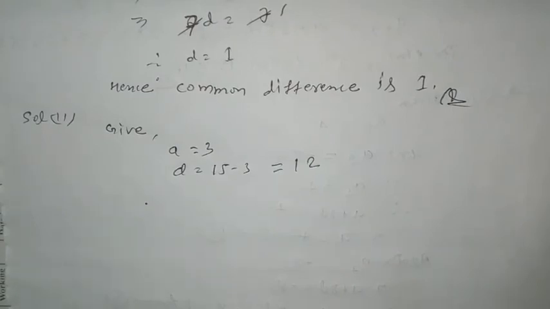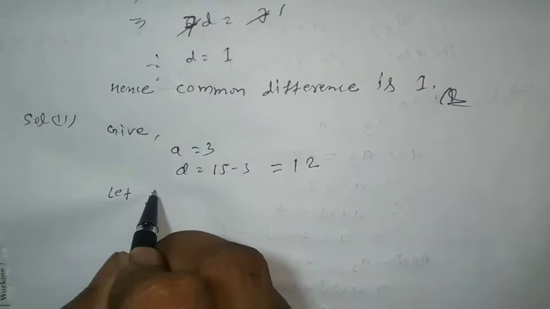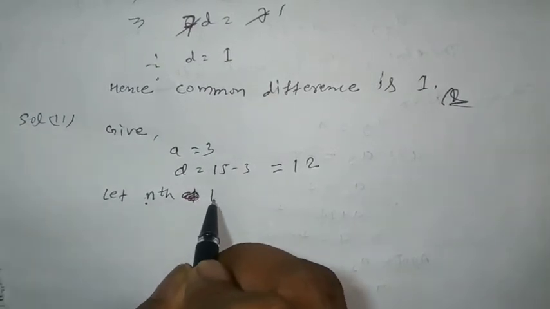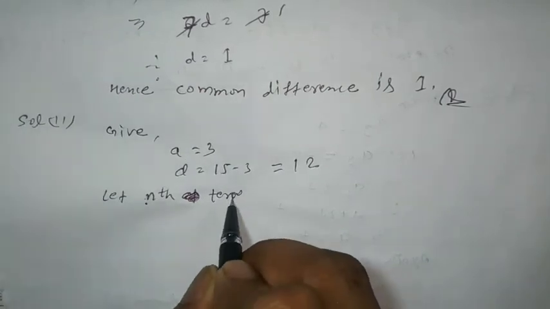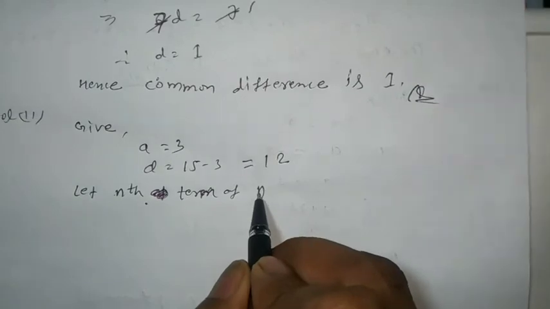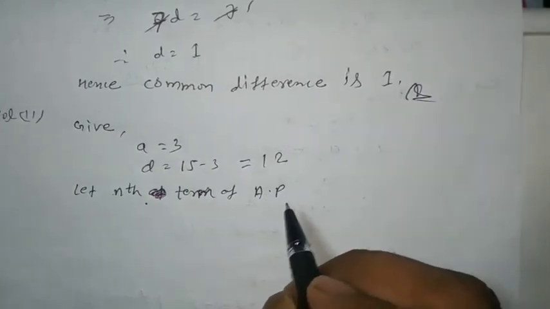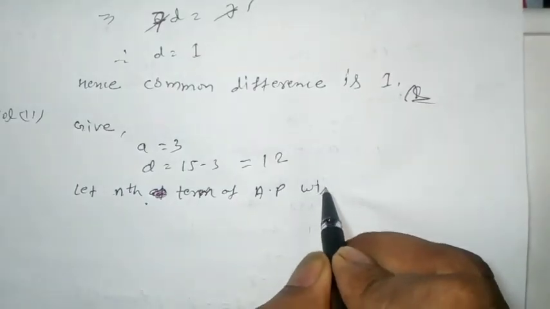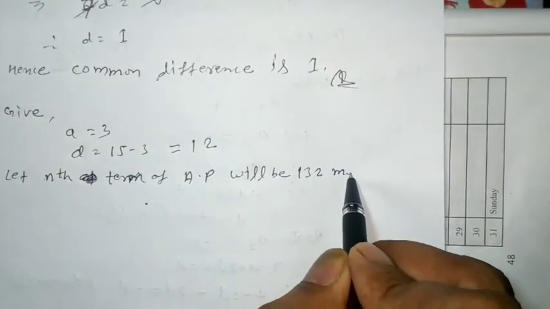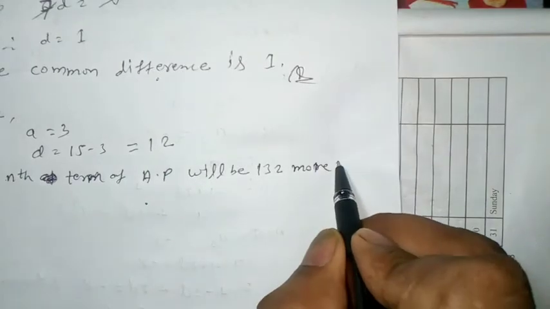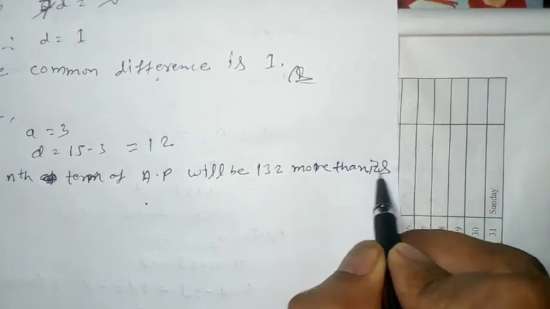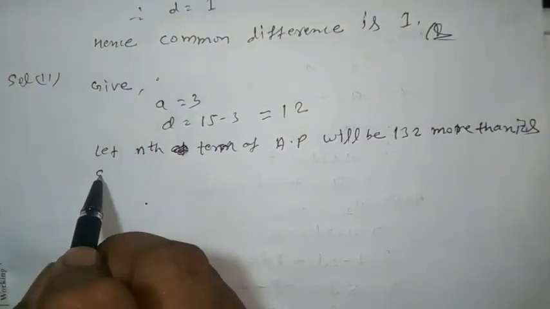Now let the nth term of the AP be 132 more than its 54th term.